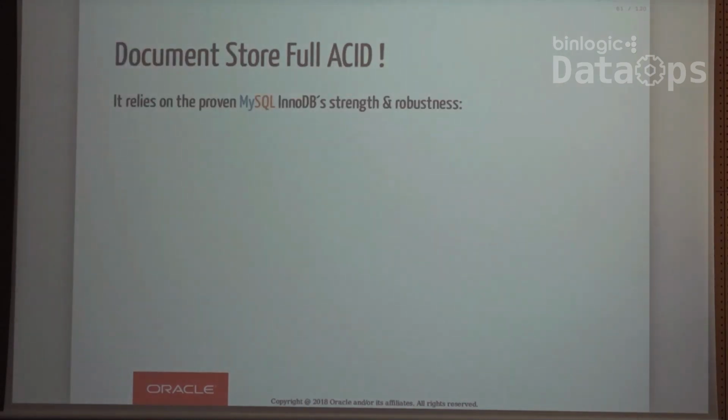So this is just a summary of all the objects we have in the document store. Like I said, one thing that makes the document store very different from the other ones is that we are full ACID compliant, because we rely on the strength and robustness of InnoDB. If you don't know InnoDB, it's the storage engine in MySQL to store your data that is fully ACID compliant, and it is the one you should use. Forget about my exam, please. If you use the default InnoDB, you will be full ACID, meaning durability is there.